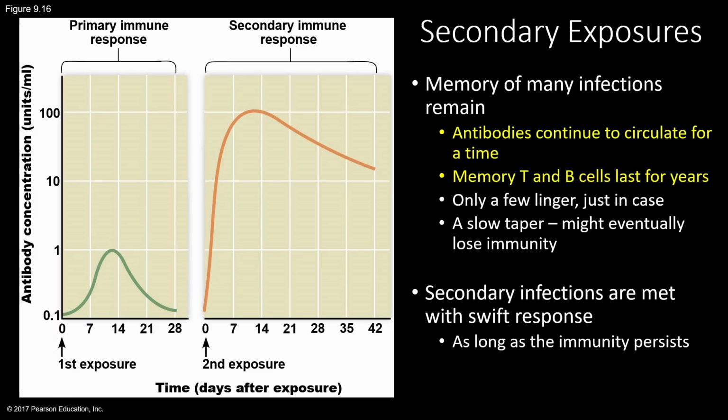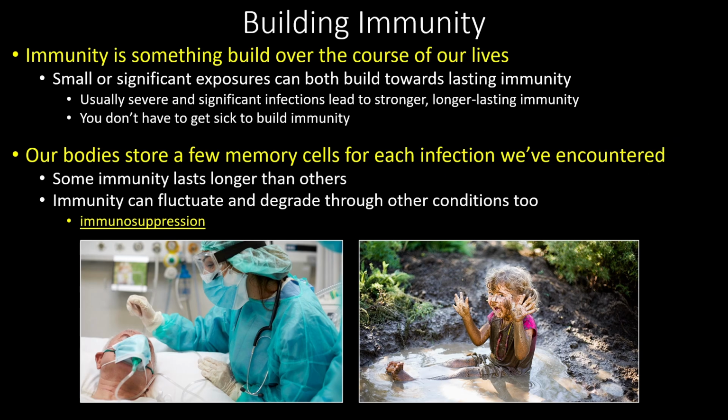So not only are you not sick and not capable of spreading this to other people, but you get the same immune response at the end. Same significant immune memory is formed, so that the next time you get exposed to measles, this is your response here. It's fast and intense.